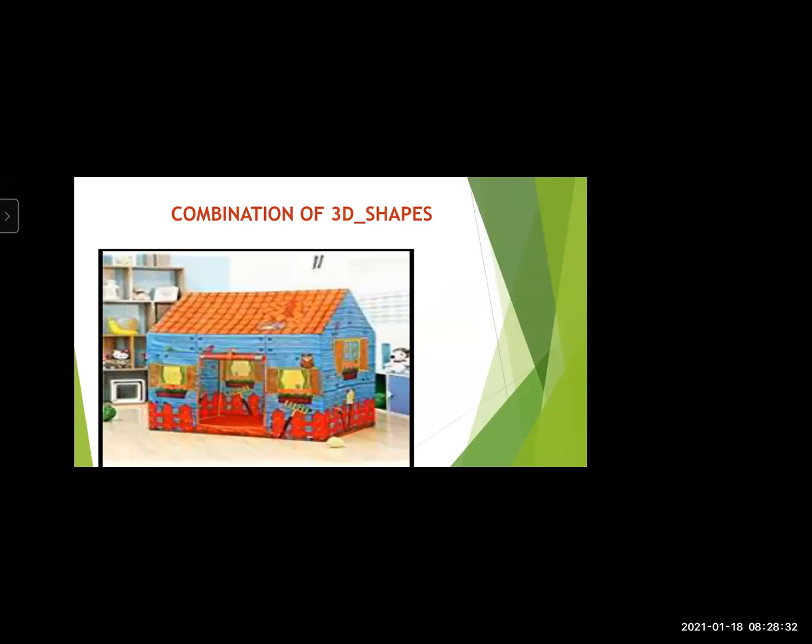A tent also has a cone plus a cylinder. An ice cream has a sphere on the upper side and a cone below. So these are examples where two or three 3D shapes have combined together to form a new object.